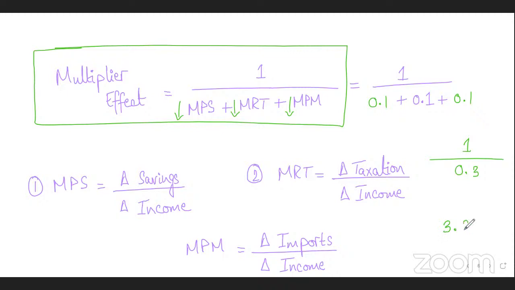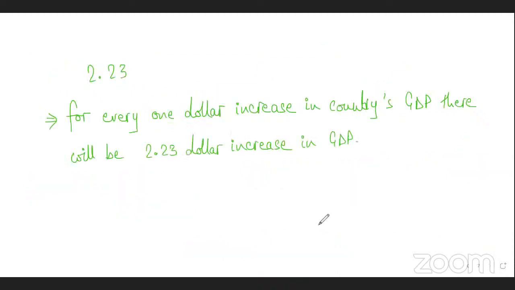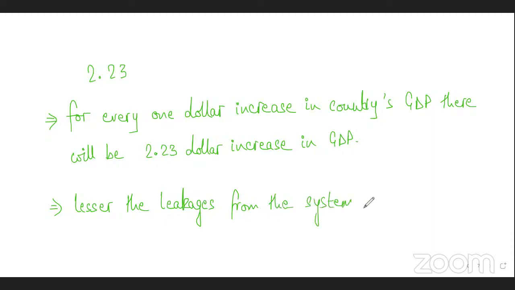So you can see for yourself that the lower the leakages from the system, the higher your multiplier effect will be. Lesser the leakages, because more money is staying in the system, and obviously that will generate more income overall. We know what the 3 leakages are.